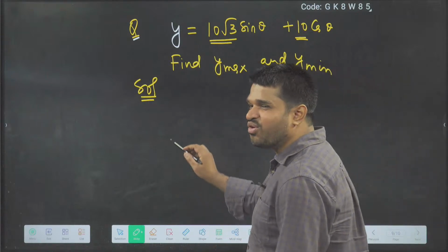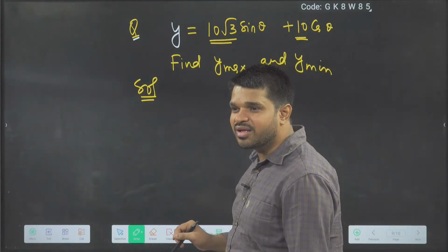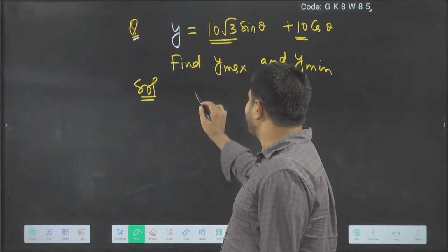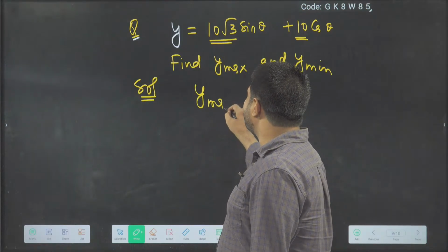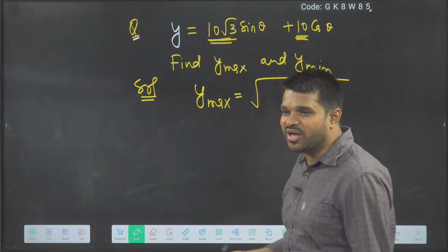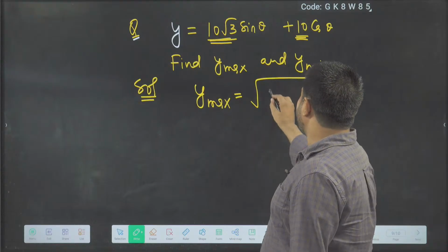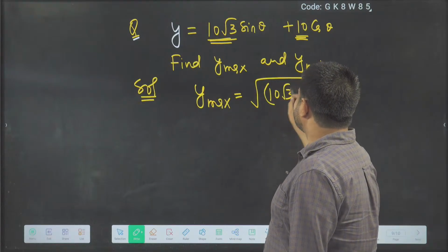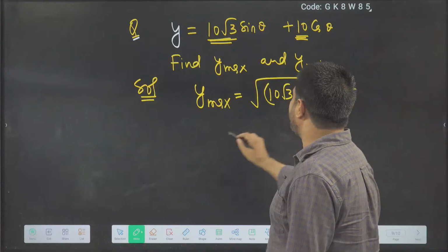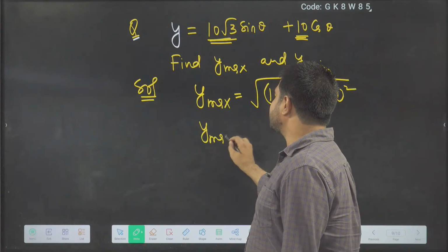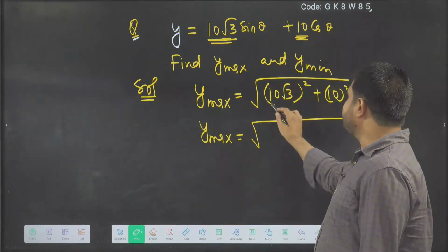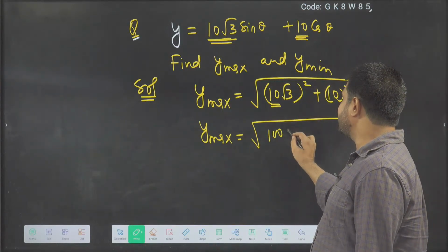Okay, so let's go for it. Y maximum equals under root of a square plus b square. So a is 10 root 3, whole square, plus 10 square. So y maximum will be under root of, see, 10 square will be 100.